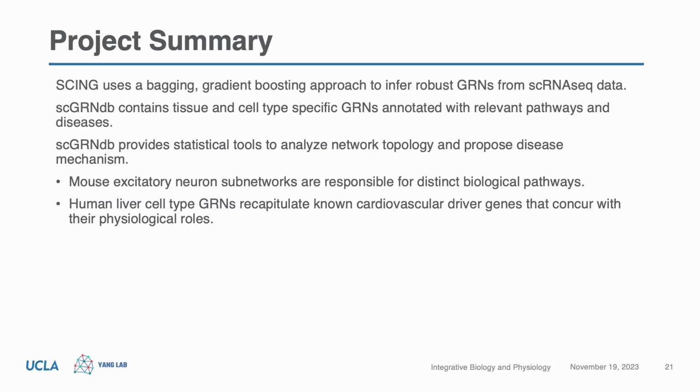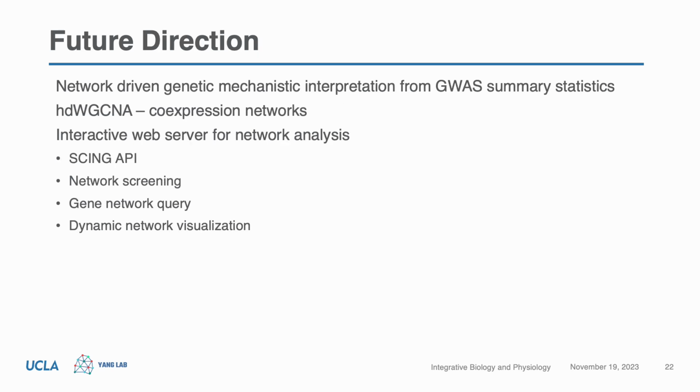So in summary, we've introduced scGRN and scGRNdb as important tools for network modeling and understanding cell type contribution to disease. As a future direction, we hope to perform a systematic benchmarking and evaluation of our networks, looking at GWAS summary statistics and genetic mechanisms across different cell types and tissues.